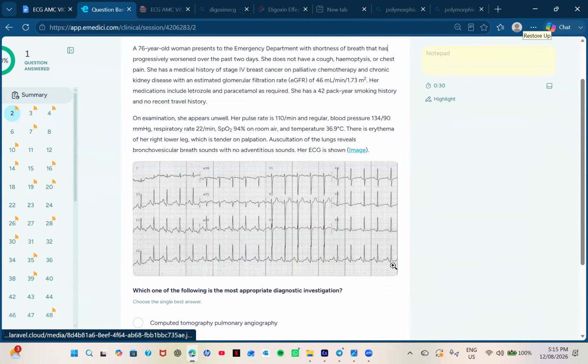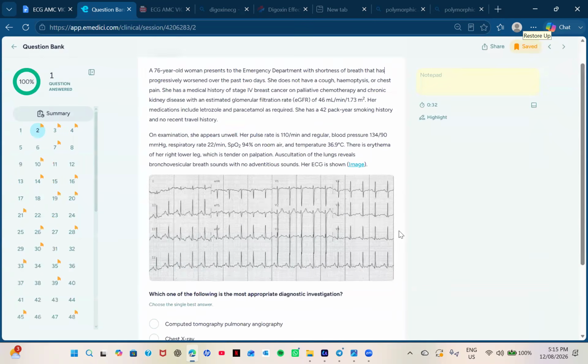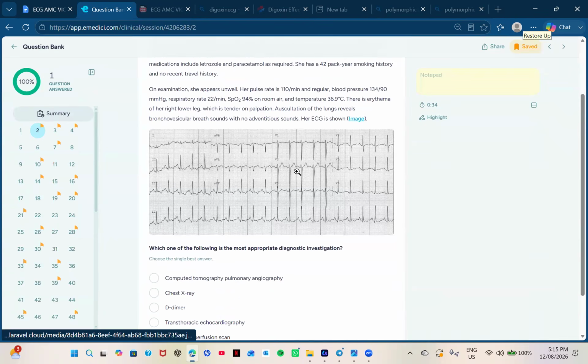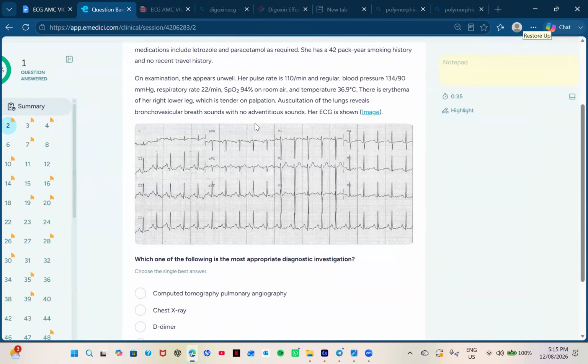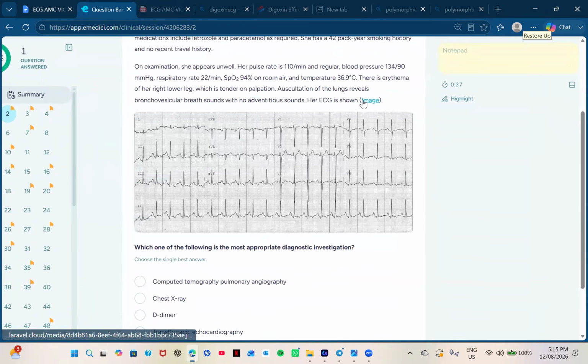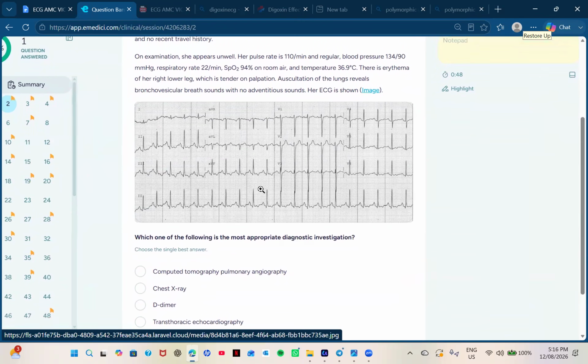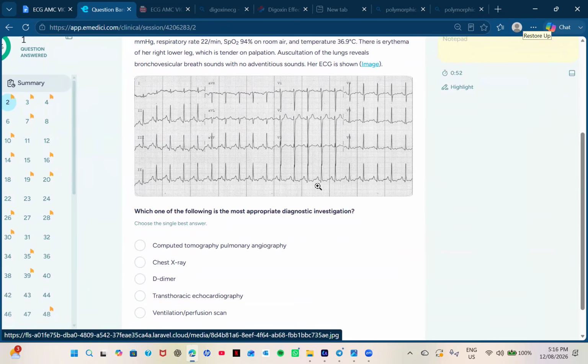She has a 42 pack-year smoking history and no recent travel history. On examination, she appears well. Her pulse rate is 110 regular, BP 134/90, respiratory rate 22, SpO2 94%, and temperature 36.9. There is erythema on her right leg which is tender on palpation, and auscultation of the lungs revealed bronchovesicular breath sounds with no adventitious sounds.